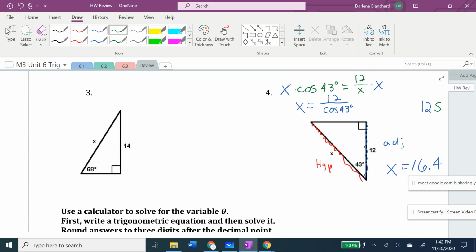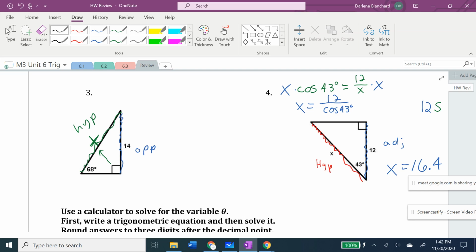On number 3, I can see opposite the 90-degree angle. This is the hypotenuse, and that's labeled the variable x. This side over here is not the leg helping to make angle 68 degrees. So it is the opposite side.